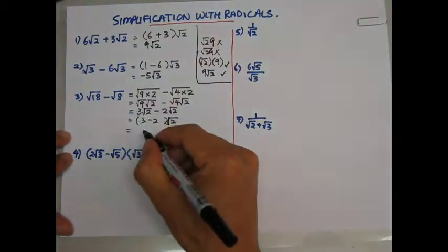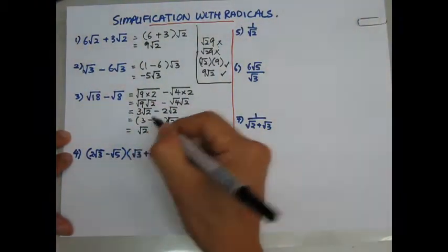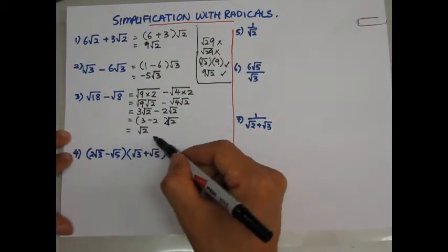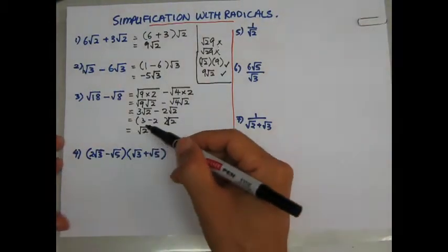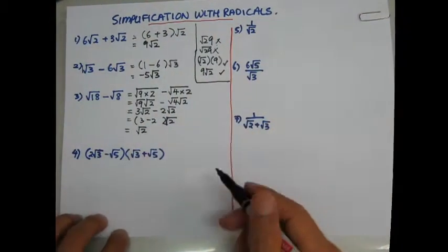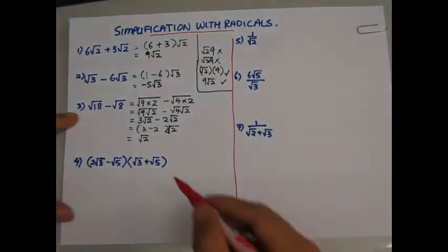So that's left. 3 minus 2 is 1. So I'll just write square root of 2, because the convention is that if you don't write anything in front of the radical, it means the coefficient there is 1.